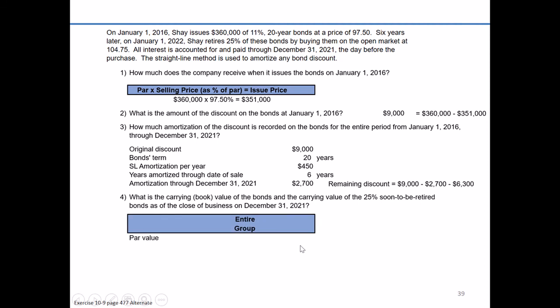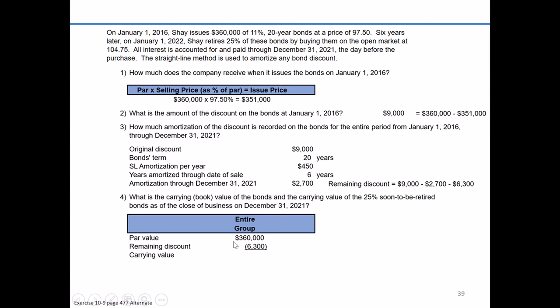So let's look at the whole entire group of the bond issue. The par value of the whole entire bond issue was $360,000. We just calculated that the remaining discount, that's why I calculated it here, is $6,300. If you recall, a bond discount is a contra liability account, so that's going to subtract from that par value or that bond payable on our balance sheet in order to get carrying value.